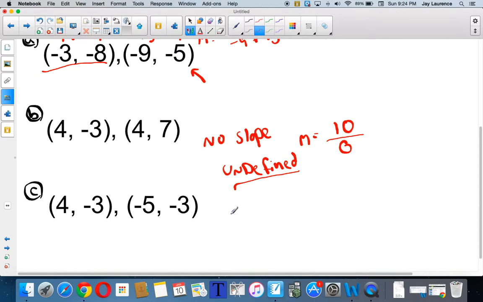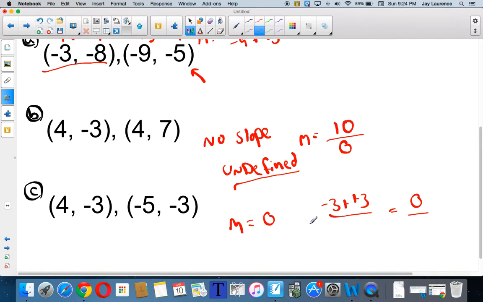So, C, hopefully you've tried C. If you haven't, pause the video and try it yourself. Here comes my solution. M is actually going to equal 0. Yeah, because when I do -3 minus -3, those become positives, and so my numerator becomes 0. All right. Now, as long as my denominator is not 0, the fraction will simplify down to 0.